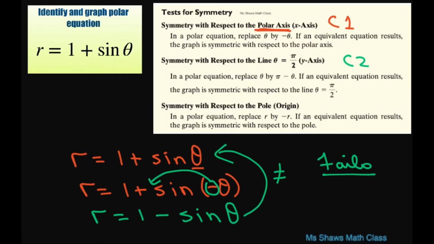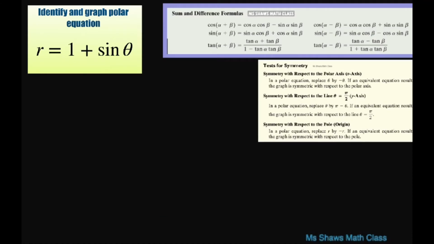Condition 2 is to see if it's symmetric to the line theta equals pi divided by 2, which is the y-axis. Basically, to do that, you substitute theta with pi minus theta. So we get r equals 1 plus sine of pi minus theta.